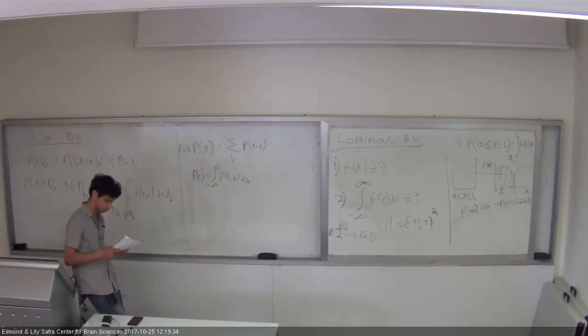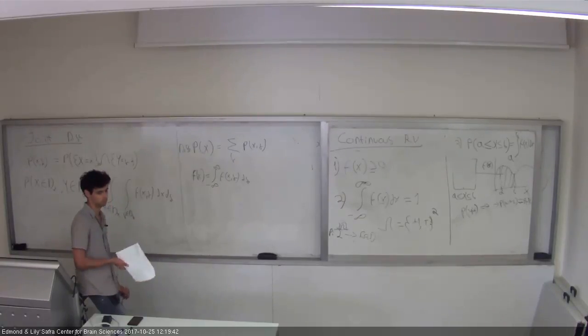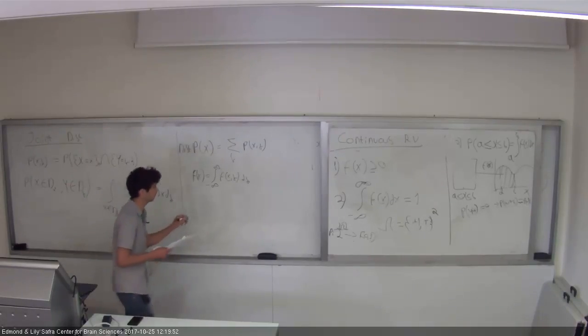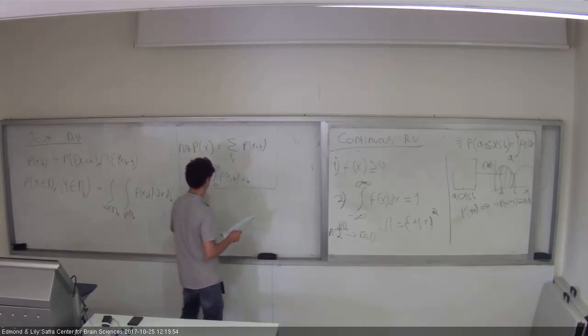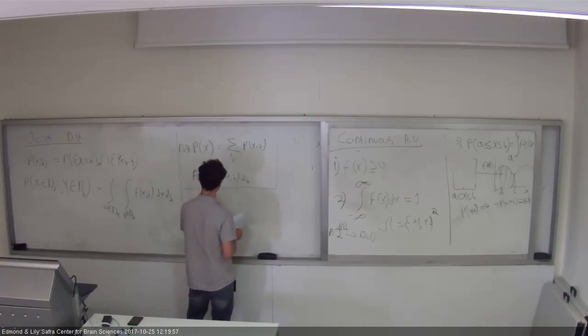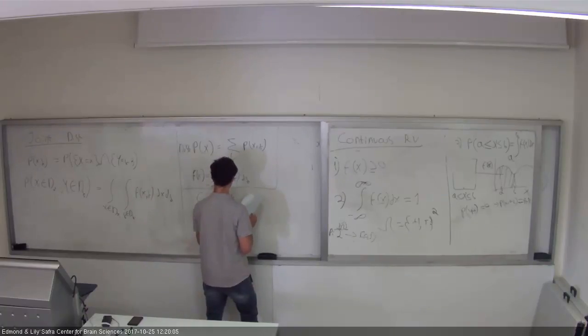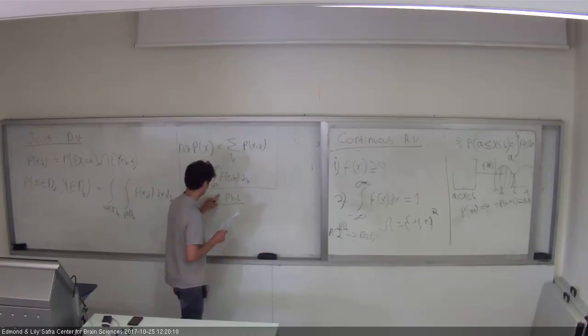Okay, so now we would like to extend the definition of conditional probability from events to random variables, and we'll do it in the same way that we did before.